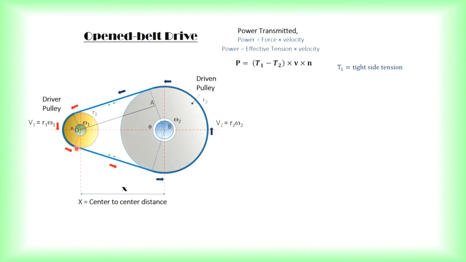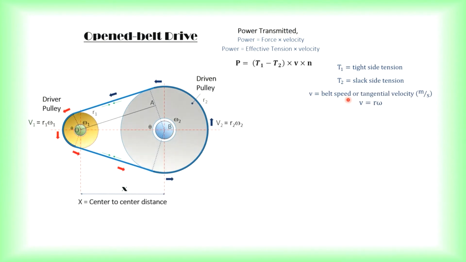When it rotates clockwise, the pull is here. So basically T1 will change depending on the direction of rotation of the driver pulley. T1 is the tight side tension, also called the maximum tension, and T2 is the slack side tension, also called the minimum tension.